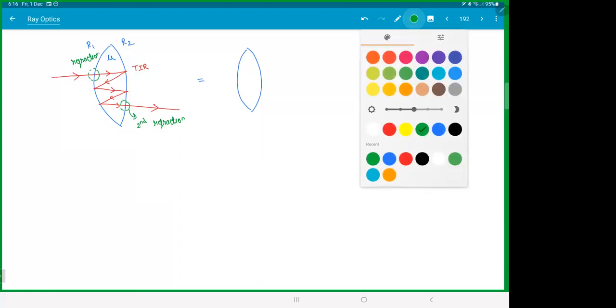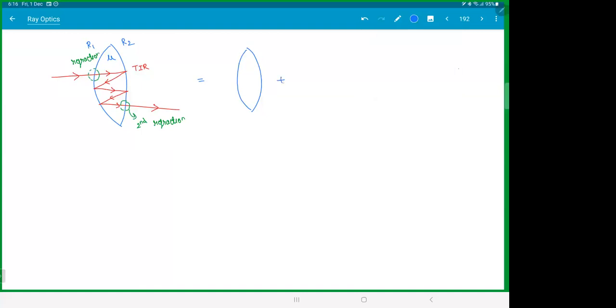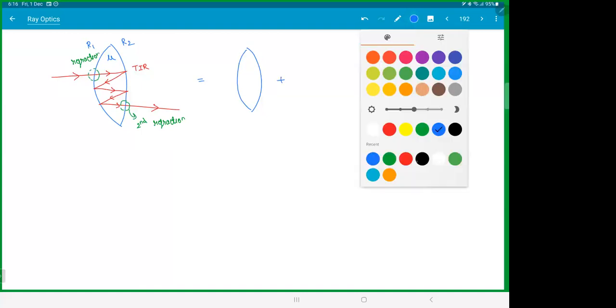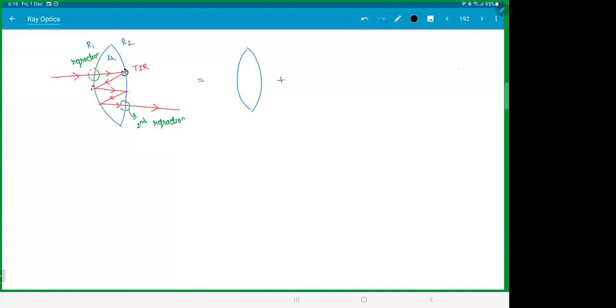So we have one lens plus. How many reflections are there? 1, 2, 3, 4. These are reflections. So this system behaves as if there are 4 mirrors.